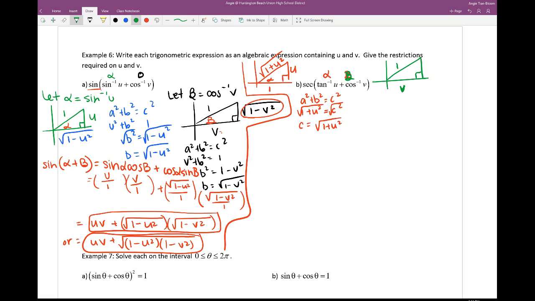Well, we kind of did this already over here. See this right here? So I know, based on my basic math over here, this is now the square root of 1 minus v squared for the opposite leg. So I'm dealing with secant, so I'm going to start with secant of alpha plus beta. But Mrs. Tran-Bloom, you never gave us any identity for secant.